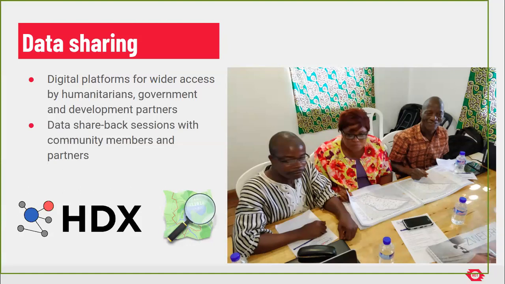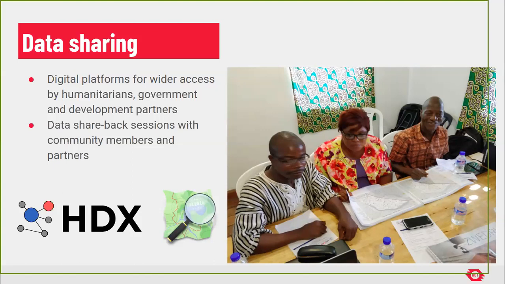Now, in addition to sharing your data in those different platforms, you want to probably organize a workshop or pay courtesy visits to the offices of the different stakeholders that worked with you in your project. So regardless of what you want to do, I think it's great to share back this information with the community members.